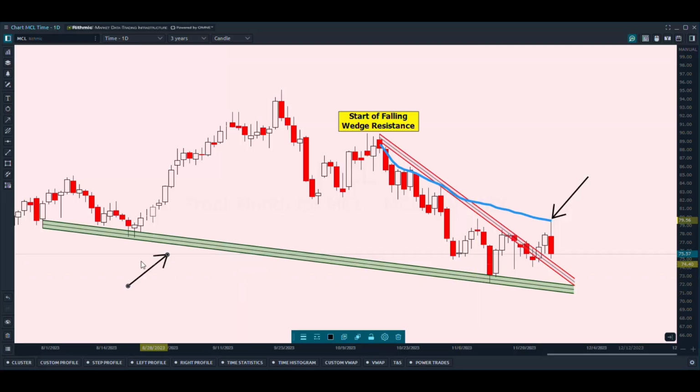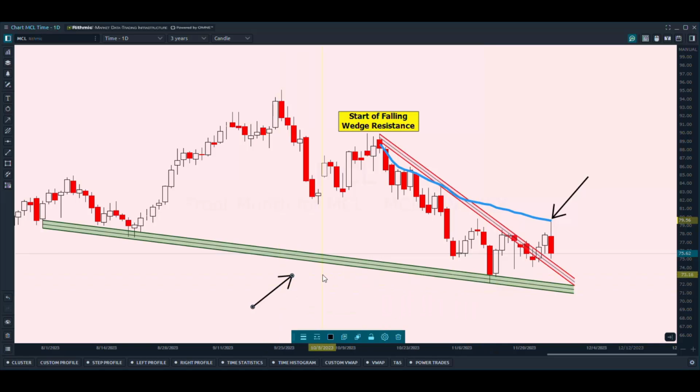I'm connecting the wick of this candle from August 2nd, and then connecting this wick here from November 15th. Notice that you have a bounce in this general area, so you have 1, 2, 3 points here that are creating a falling wedge support.